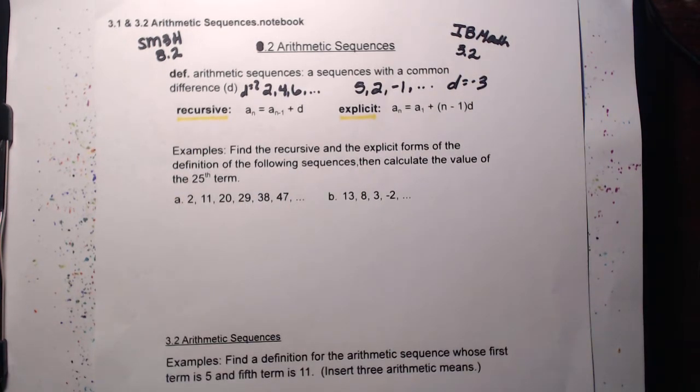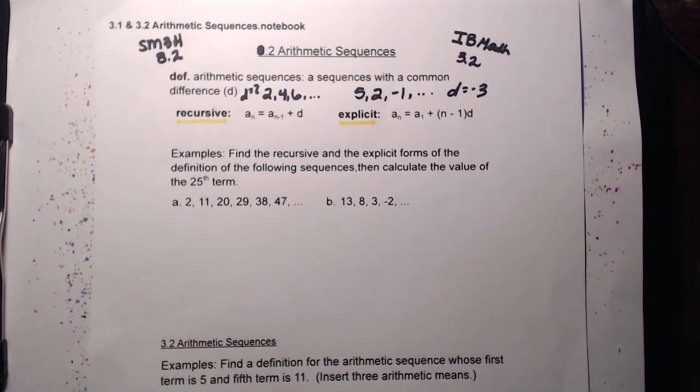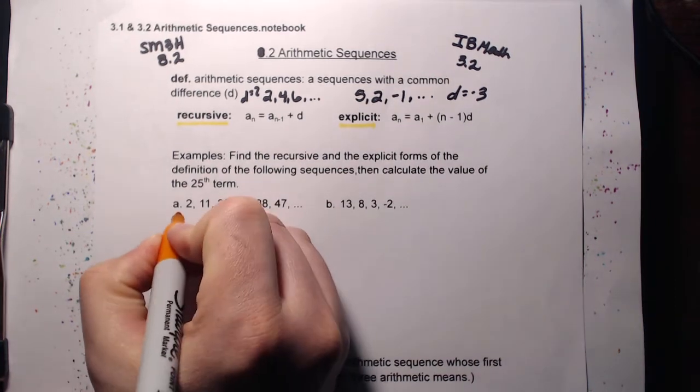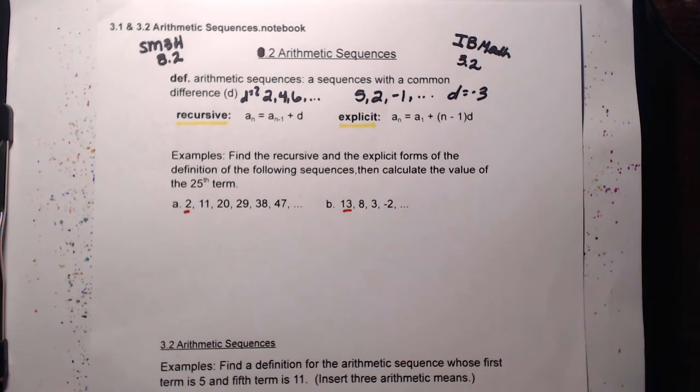So for our examples, we're going to find the different forms of these sequences and then find the 25th term. So first we have to identify the first term, and in both of these it's just listed as the first one.